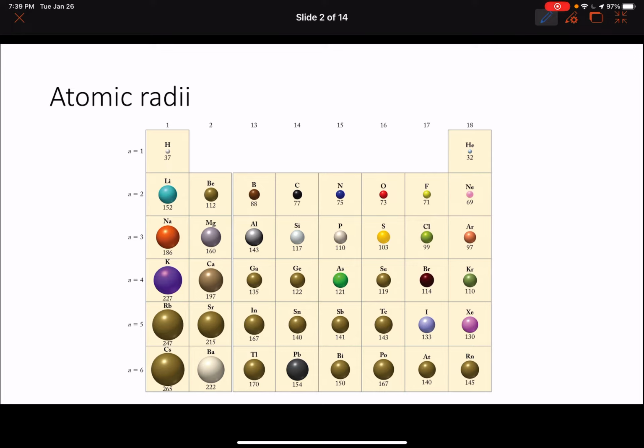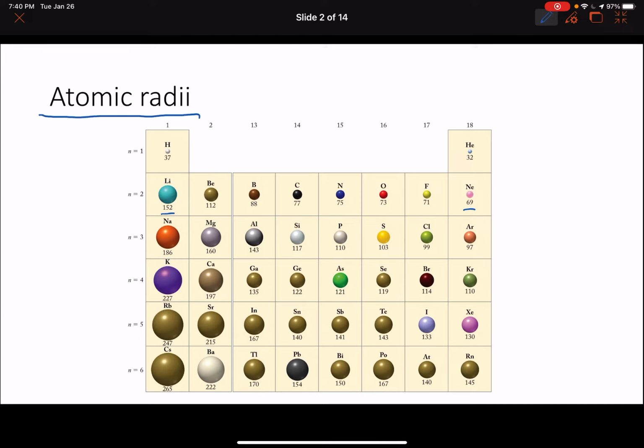So, as you can see here in the atomic radii data, referenced here, showing actual values in picometers, we can see, and the size of the sphere represents that value for the radius information, that there are trends.